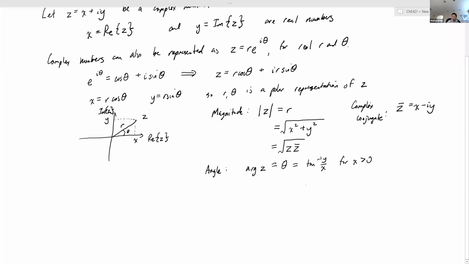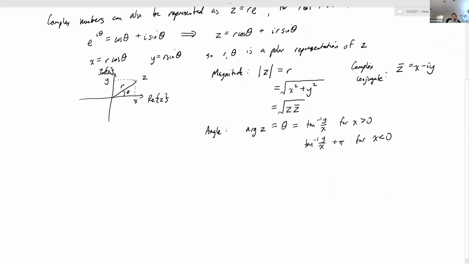And of course, when x is less than 0, then you have to add a pi to it. Hopefully this is not new. Have you guys mostly seen this before? Or if you haven't seen it, this is hopefully mostly intuitive to what you thought about for complex numbers.